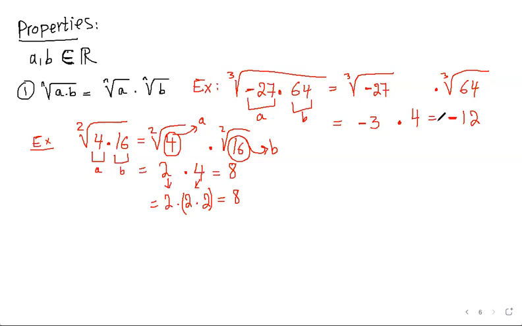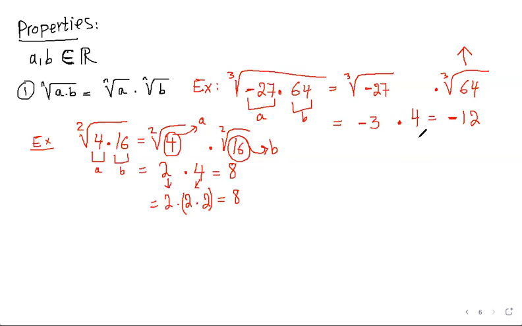I'm sorry, just to understand: when the number on top of the radical symbol is not 2, whatever that number is, I have to find the number that works. So for example, 64 is pretty much 4 times 4 times 4. So 4 times 4 is 16, and 16 times 4 gives me 64. Yes, exactly, you think of it like that.